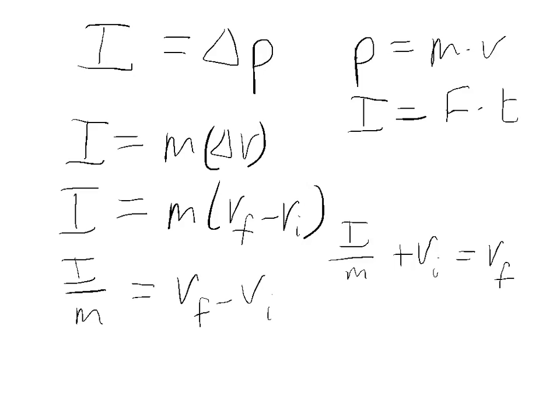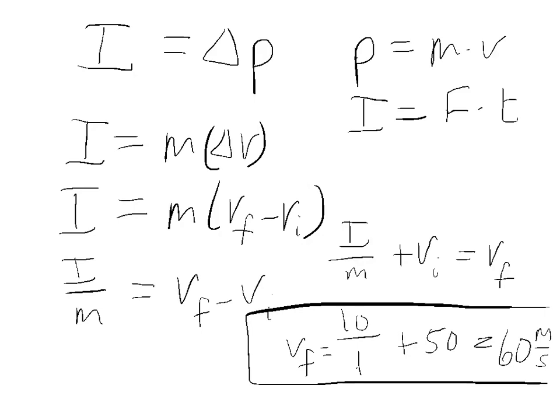And when you do all of that with the numbers given, you get 10 newton seconds over 1 kilogram plus an initial velocity of 50 is equal to 60 meters per second is what you would get for that particular problem, which is number 21.